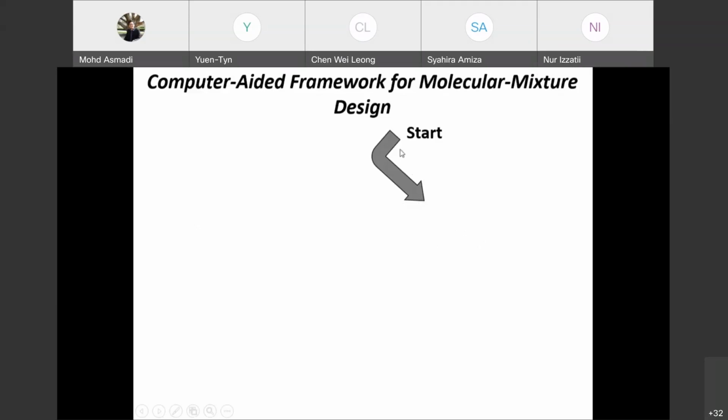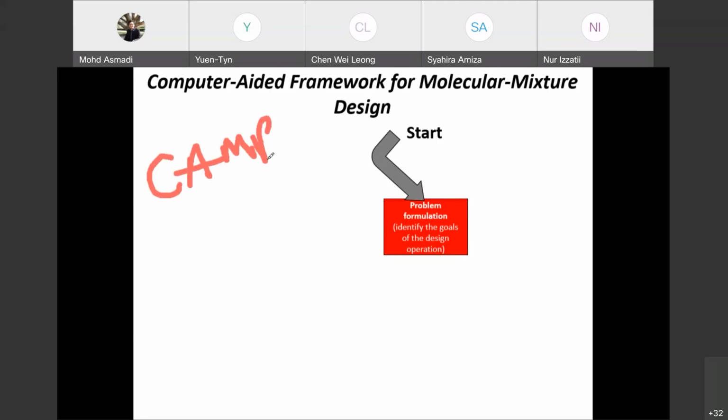Okay, we start. First is the problem statement, or problem formulation. Here, CAMD is for the molecular design, and CAMbD, with a small b, is for blended or mixture design.